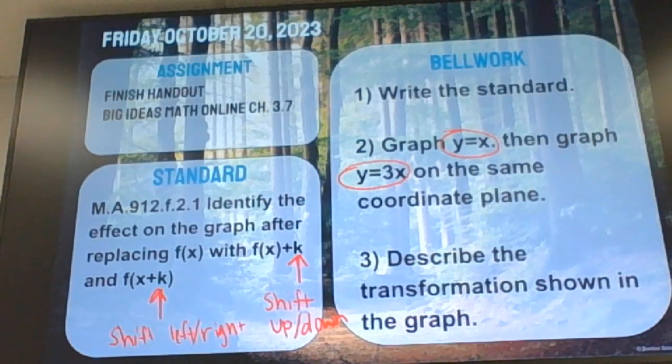So I'm going to introduce to you a new word for this. This graph that goes through 0, 0 has this regular old slope of 1 over 1. It's actually the most basic linear function, and since it just has 1 and 0, mathematicians call it the parent function.